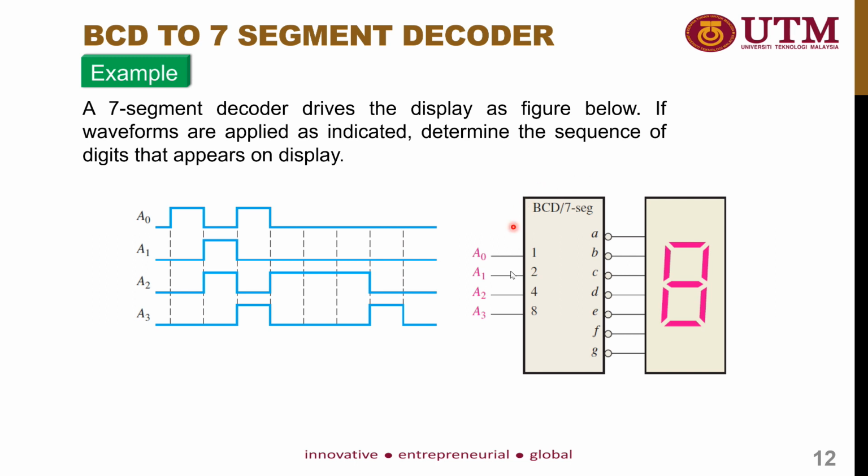You are also given a BCD to 7 segment decoder with active low output. The question asks you to determine the sequence of digits that appears on the 7 segment display. So how to determine? Let's take a look at the answer.